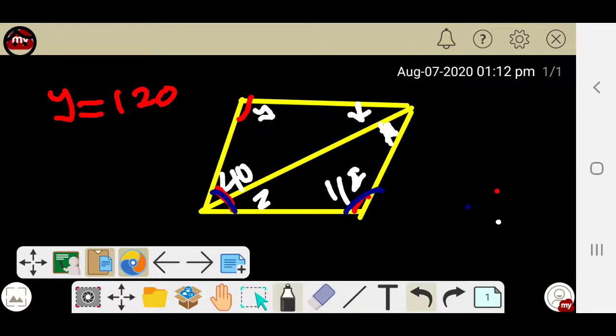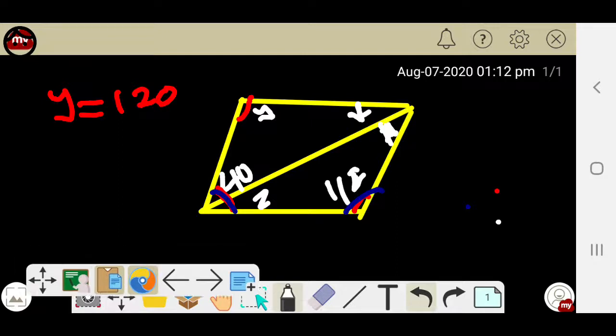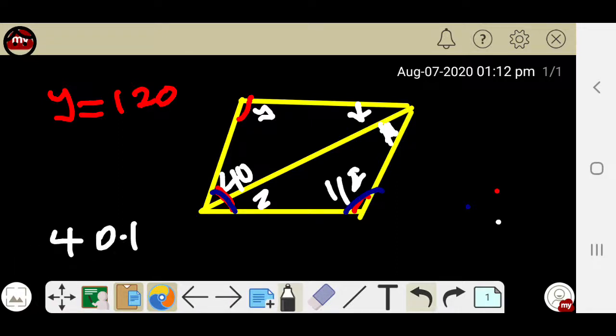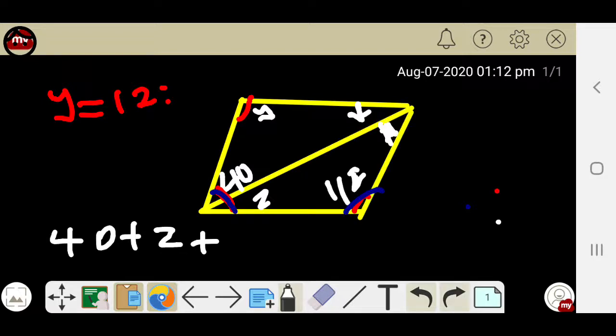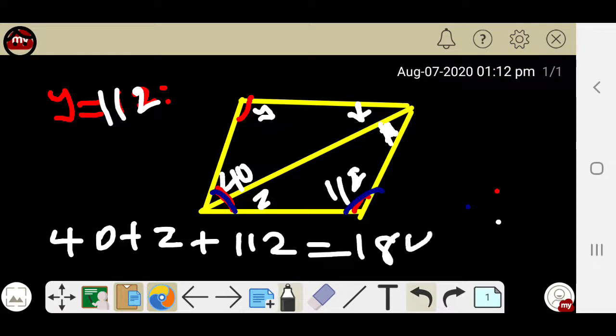So this angle total is 40 plus z plus y, 112. 40 plus z plus 112 equal to 180.